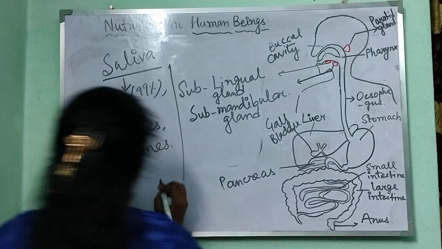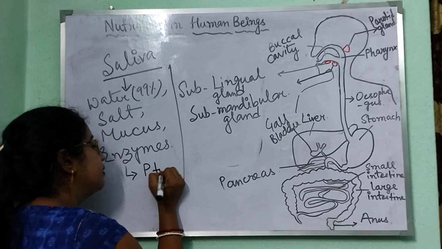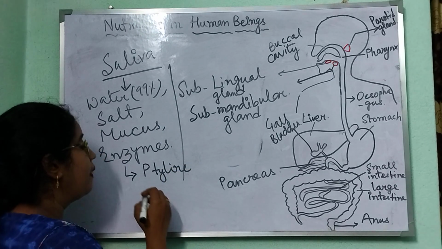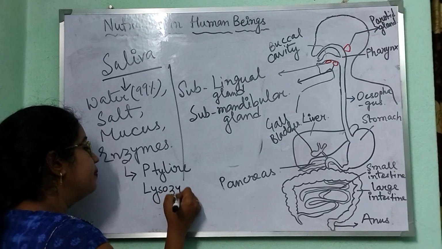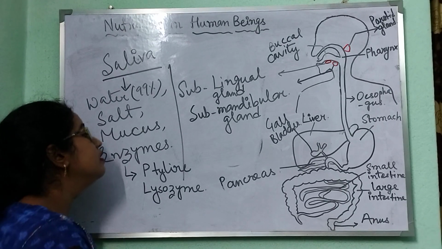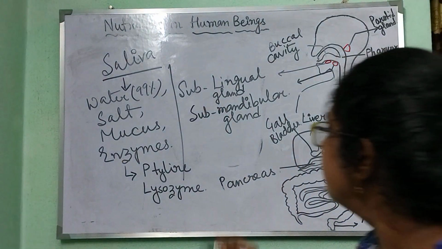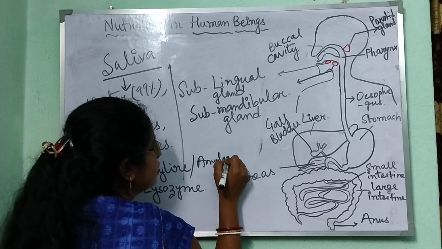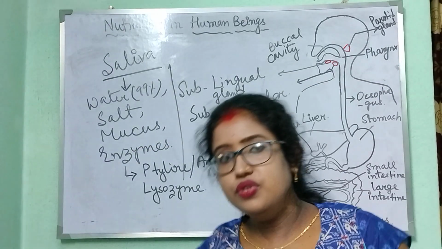So it has the enzyme named ptyalin, and it has also lysozyme enzyme. So it has two kinds of enzymes. One is ptyalin, also known as amylase, and the second one is lysozyme.